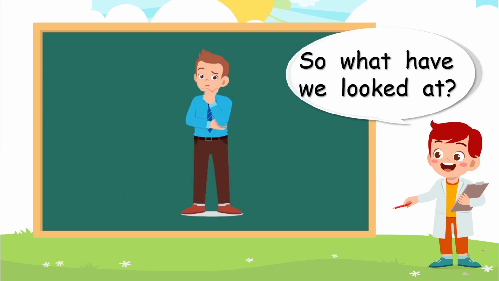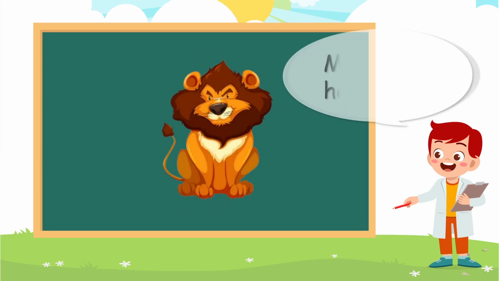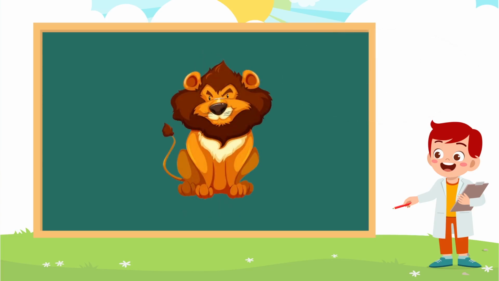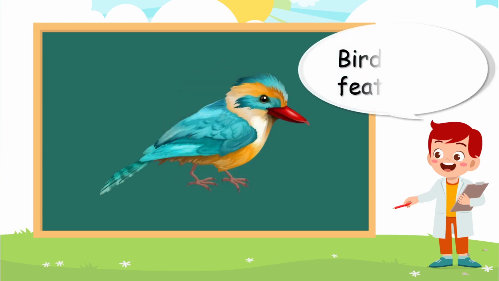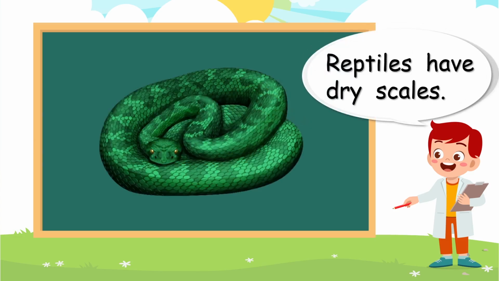So, what have we looked at? 6 different groups. Mammals have fur. Birds have feathers. Reptiles have dry scales.